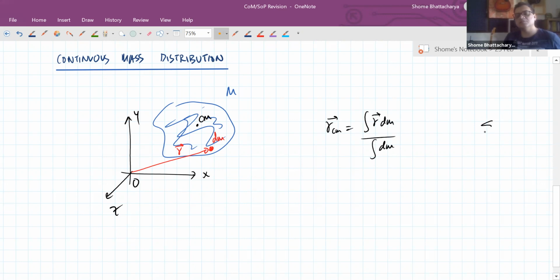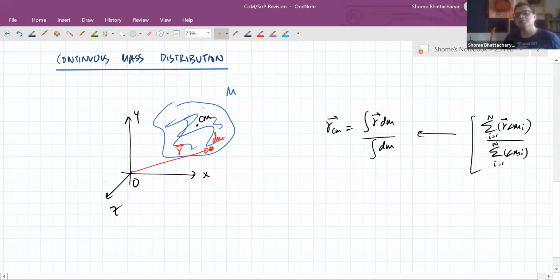So it is basically a summation of R into delta M divided by summation of delta M. But now we are making delta M tend to 0, so it becomes an integration. For very small delta M, if we apply the limit that delta M is tending to 0, then it becomes this integration.